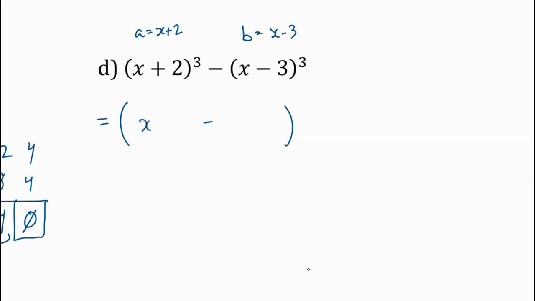We get x plus 2 as our A and x minus 3 as our B. A cubed minus B cubed. What's your A? What's your B? In this case, they are binomials. I'm going to change those to square brackets just because it's going to make it a bit clearer. You don't have to.